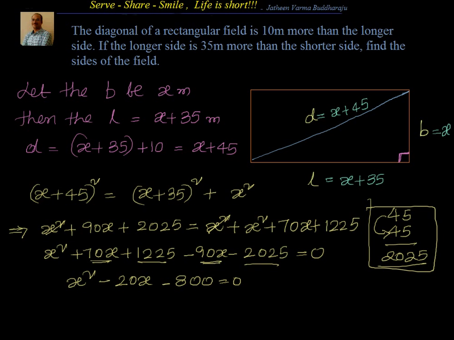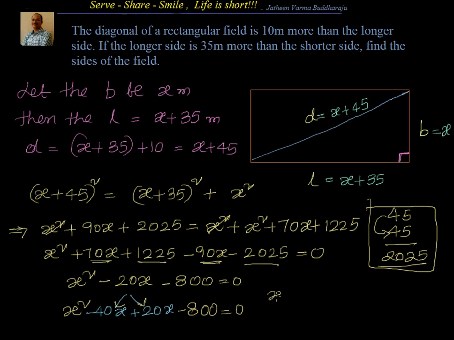Now we need a sum of minus 20 and the product of minus 800. We will take minus 40 and plus 20. We'll write them as x squared minus 40x plus 20x minus 800 equal to 0.